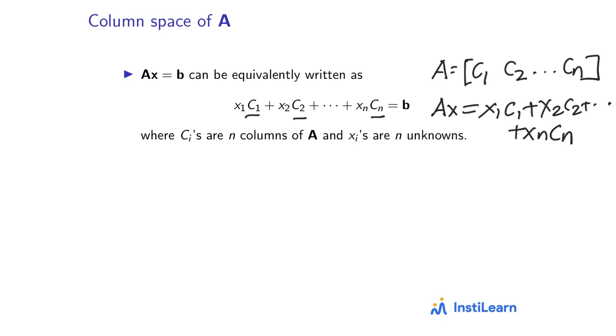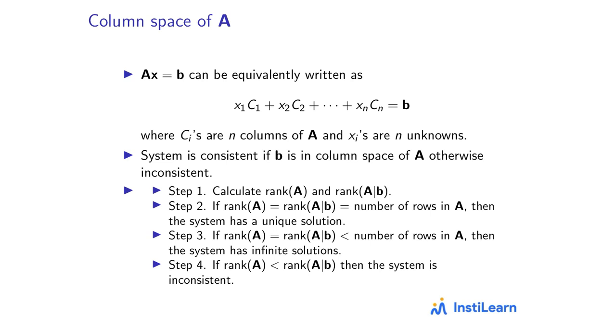And since our equation is Ax equal to b, we get this equation. It says that the values of the unknowns x1, x2, ..., xn should be such that b is a linear combination of these vectors c1, c2, ..., cn. So for my system to be consistent, or to have a solution, it is important that b is in the column space of A. Otherwise, my system will be inconsistent.